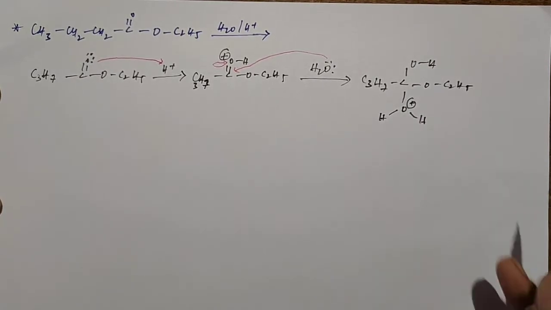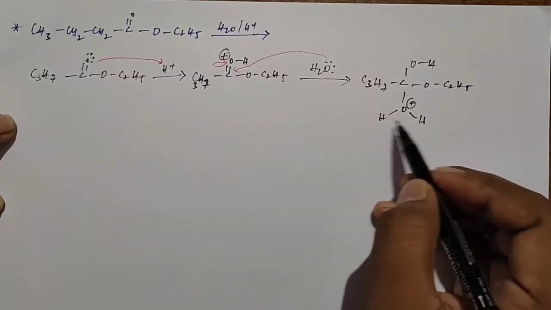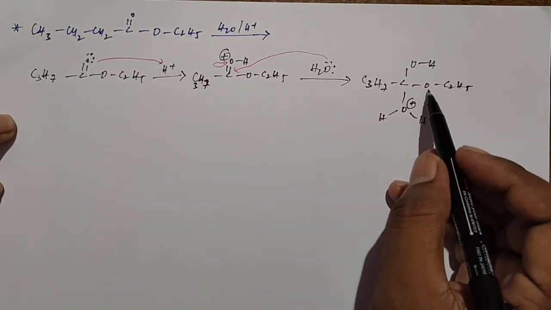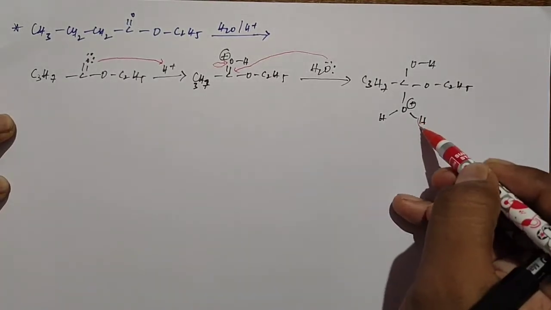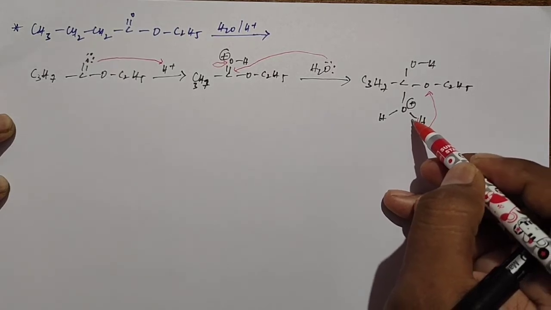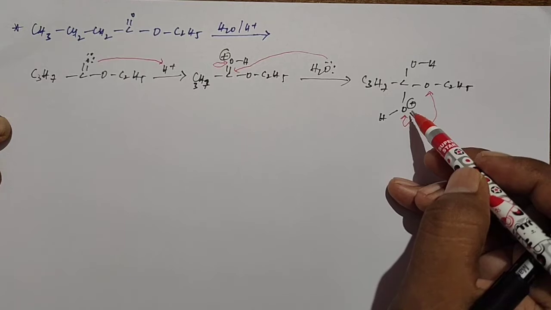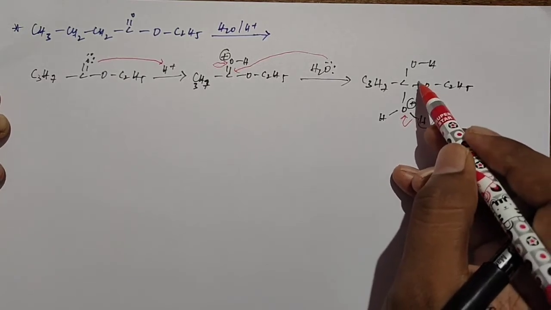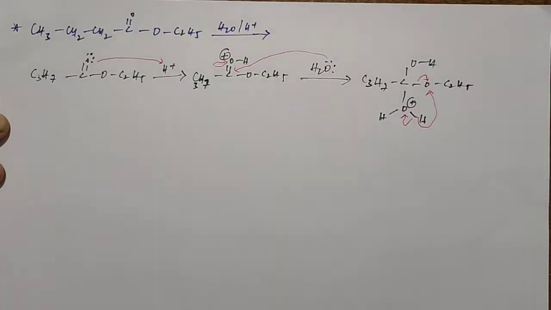After that, in the next step, the proton will be transferred. Of the two hydrogens, any one of the hydrogens can be transferred to this oxygen. Suppose we take this hydrogen to be transferred towards this oxygen. At that time, these sigma electrons are shifting as lone electrons towards this oxygen.